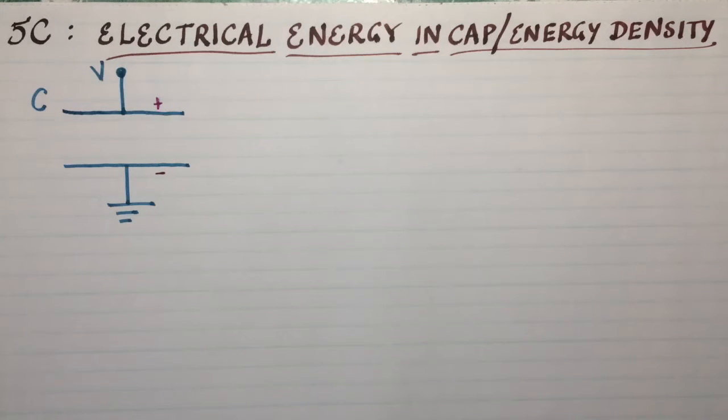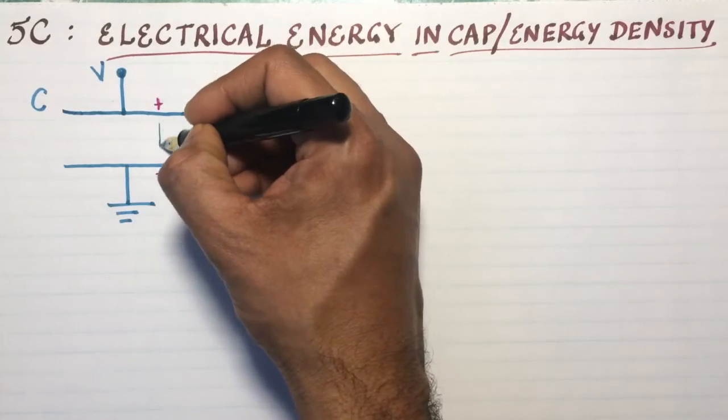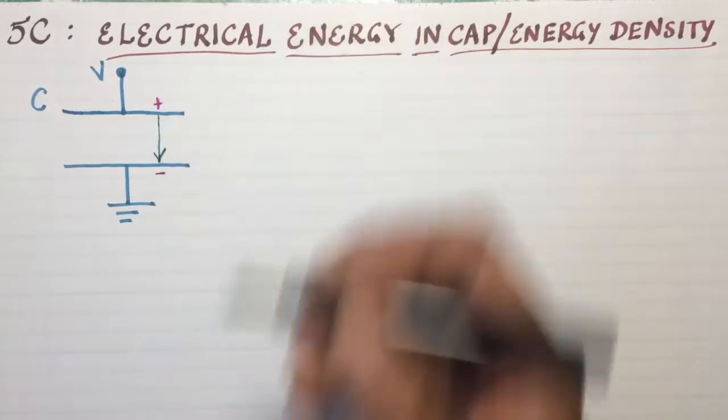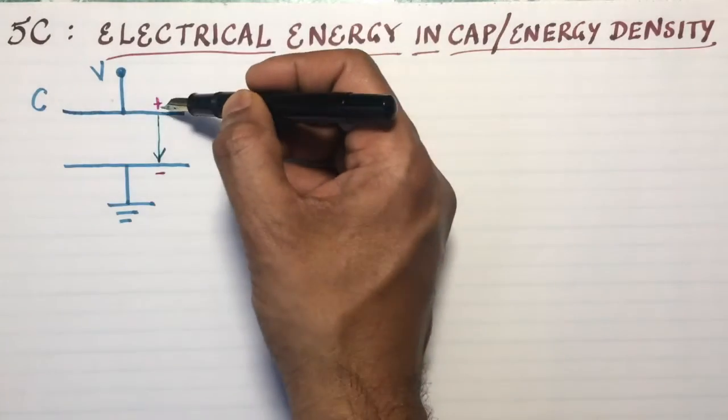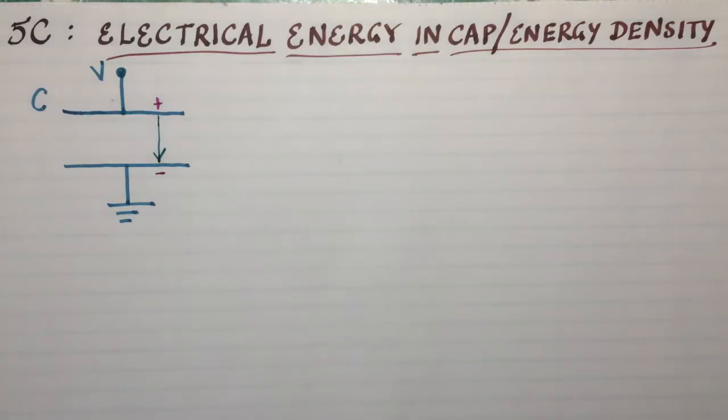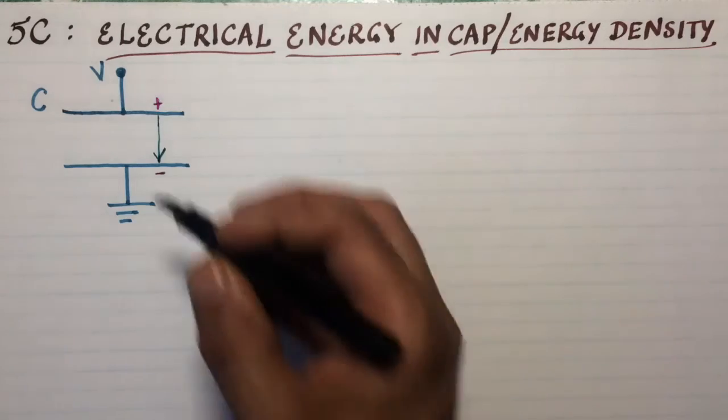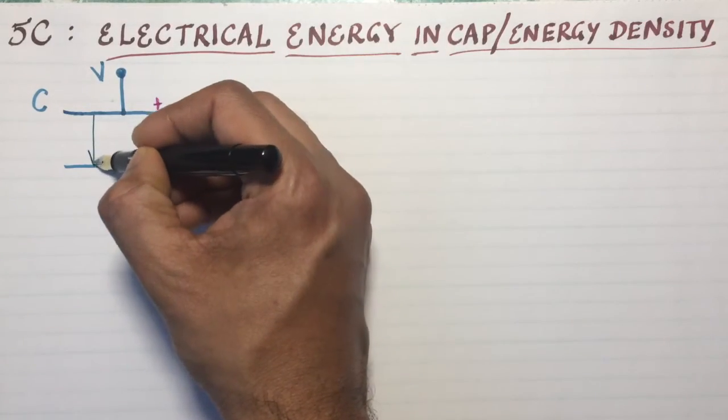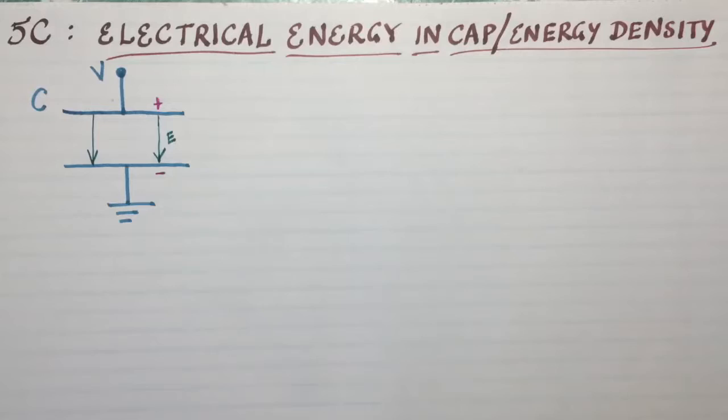So there's a potential difference and an electric field exists between those two charges, because the electric field points from the plus charge to the minus charge, from a region of higher potential to a region of lower potential. So this electric field starts getting created, and that is the origin of the electrical energy in the capacitor.